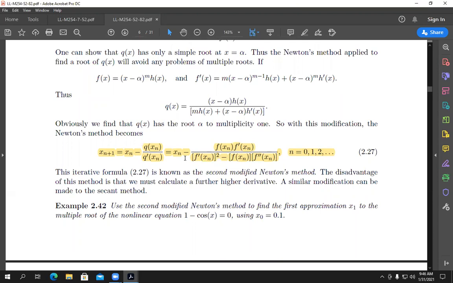It is x_n minus f(x_n) f'(x_n) divided by f'(x_n) squared minus f(x_n) f''(x_n). I don't know how you memorize it, but you have to. What is the difference between the first one and the second one? Both are modified.